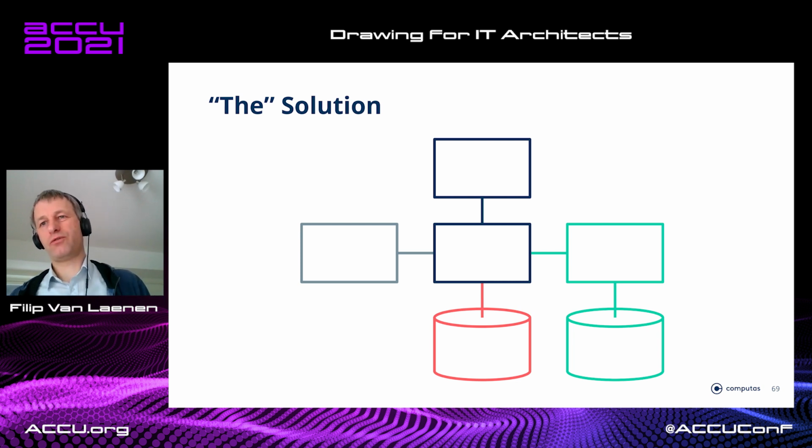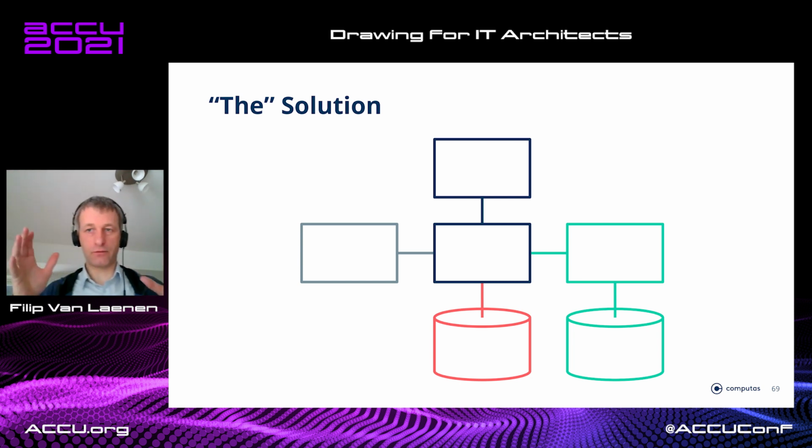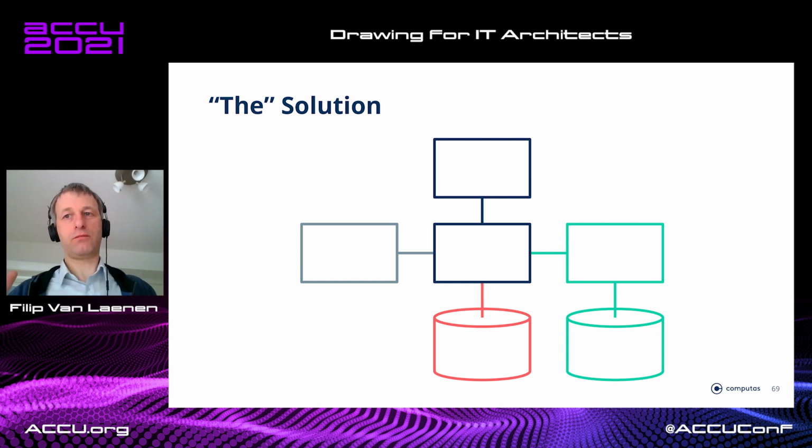The two components to the right are maybe two new components that we're going to add to the architecture, whereas the gray box on the left is probably something external or something that we're going to build in the future. But the dark blue boxes in the middle, those are the default, the core of the solution. That's how I would interpret this drawing if it was shown to me.